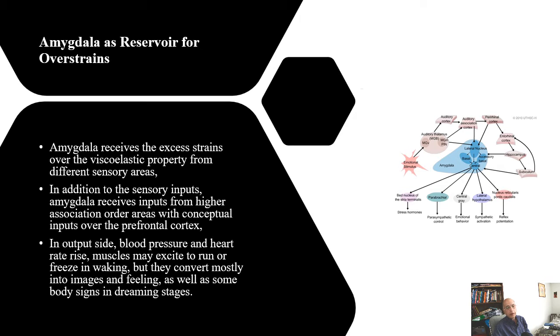Maybe sometimes when there is a high emotional content attached to the dream episodes, some body signs like sweating or increase in heart rate and blood pressure occur in parallel.